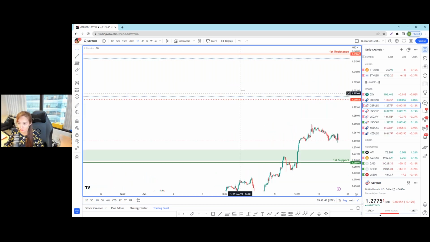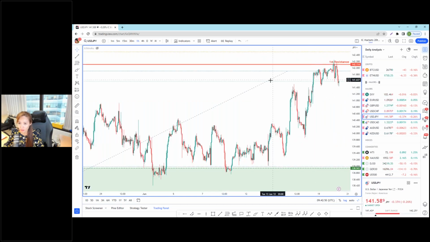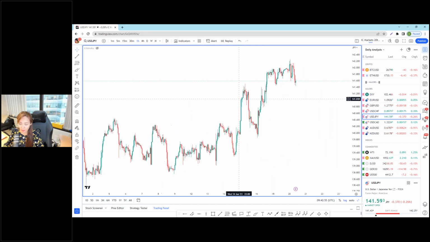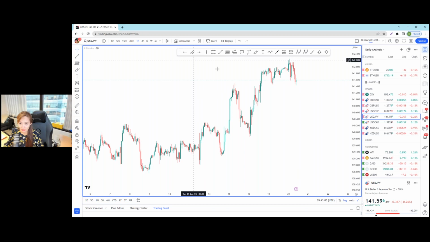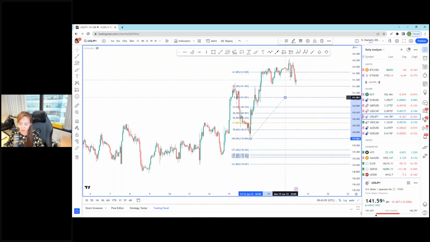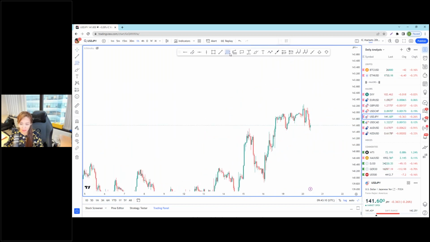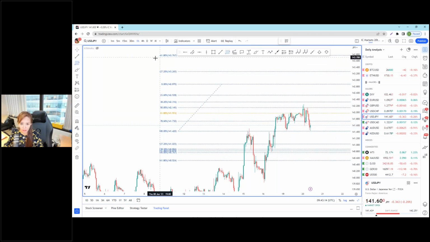I just want to show you, because just now someone asked me why I draw starting point like this. Always, guys, if price is on an uptrend and you draw Fibo retracement, your starting point is always 100, ending point is always 0, because we draw Fibo from your left to your right, not from the right to the left.